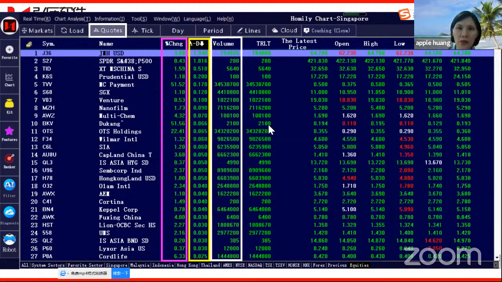Right. So I need to hear your feedback. Do you know how to operate, how to do the sorting? If you know, you type 1. Okay, great. All right, so we can move on.